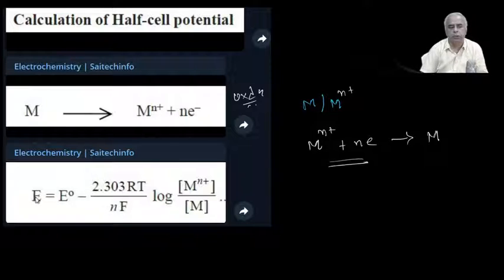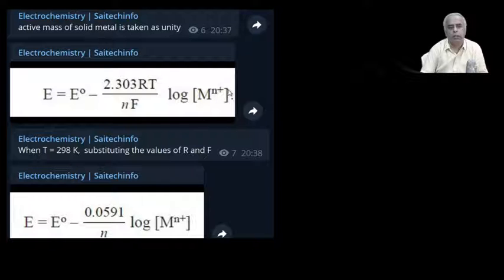So for oxidation, E is equal to E naught divided by 2.303 RT divided by NF into log of M^n+, because M^n+ is the product for the oxidation, divided by M. The active mass or the concentration of any metal can be taken as unity, so in that case it becomes M^n+ only.